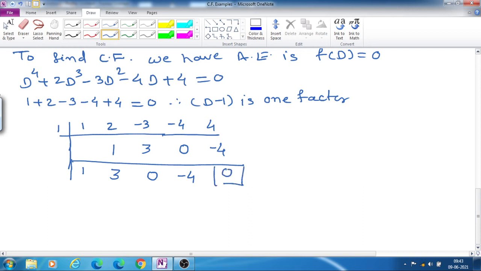So when there is 0 last, our division is correct.